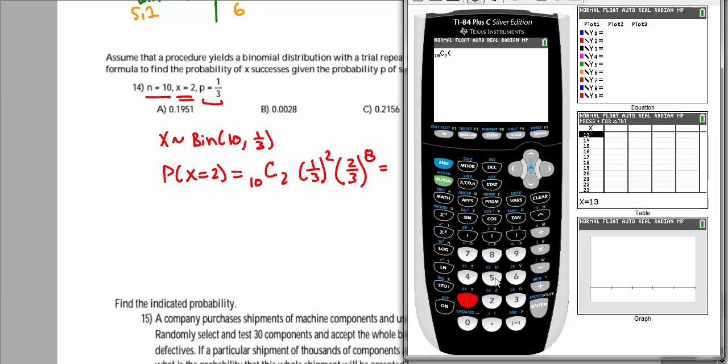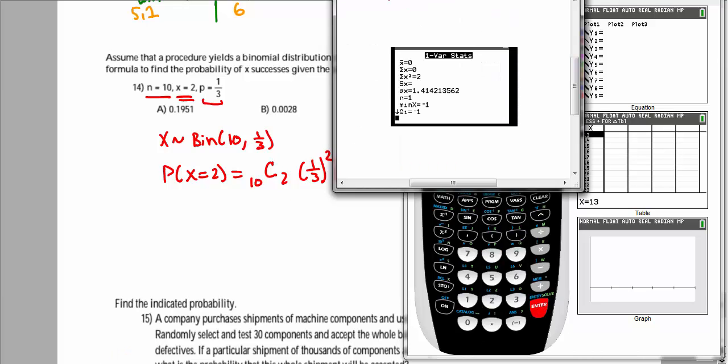And then I have 1 divided by 3 in parentheses, squared, because I want to square the 1 and the 3, not just the 3, so you don't want to put that in without the parentheses. Arrow down, and then I have 2/3, 2 divided by 3 in parentheses to the 8th. Okay, so go ahead and hit enter, and that looks like my probability.